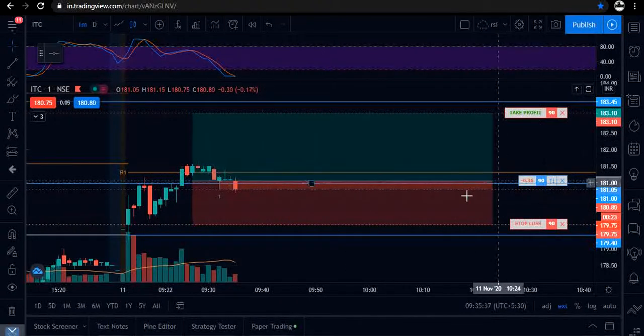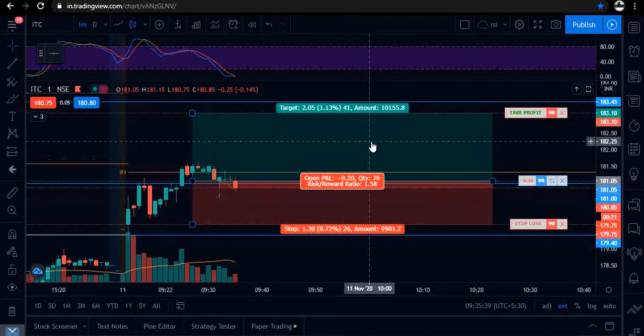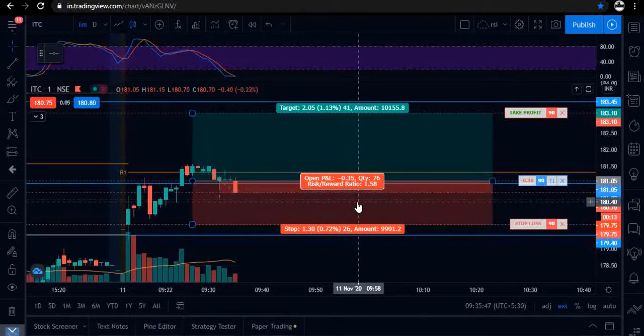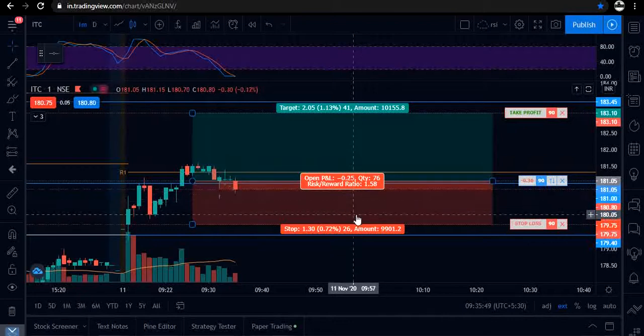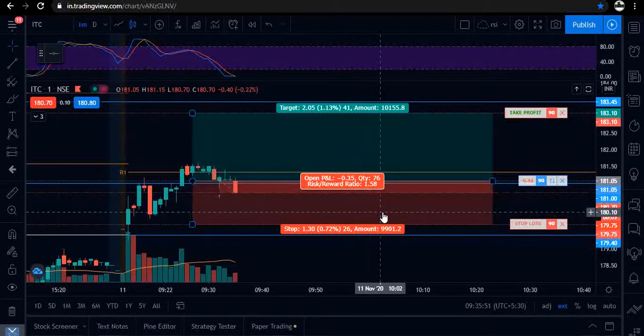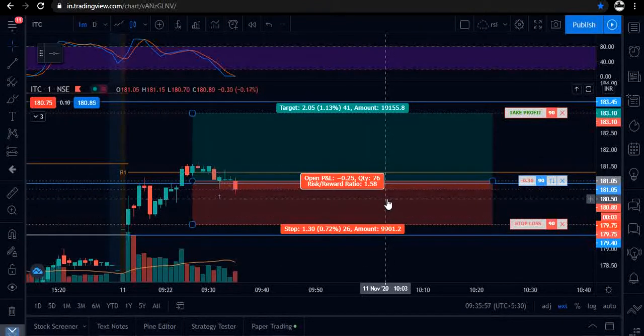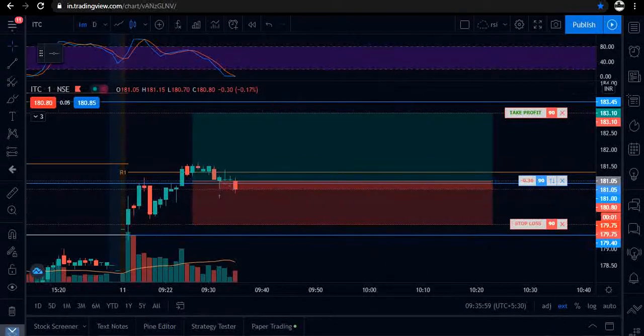No problem, we have placed our stop loss as well as our target. Also, you can see our today's risk reward ratio is 1.58. Let's see what happens. Now I'm pausing the video, and when it shows a good momentum or hits our target or stop loss, then I will update you.